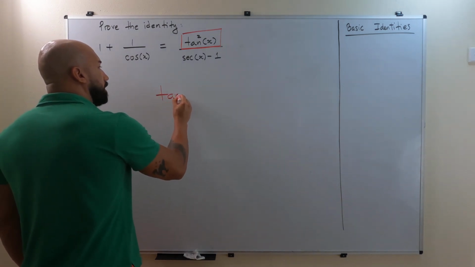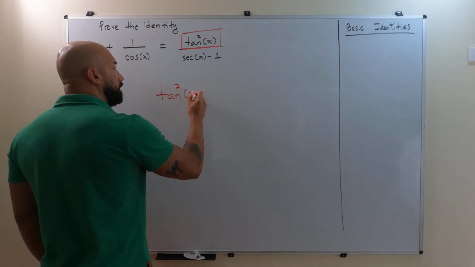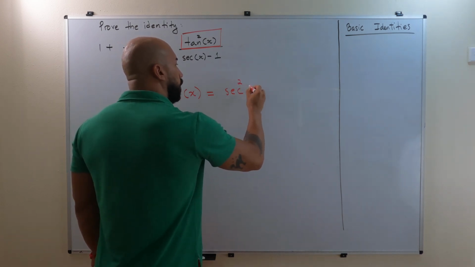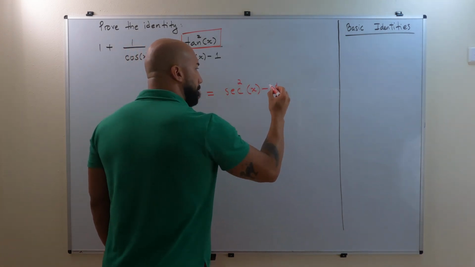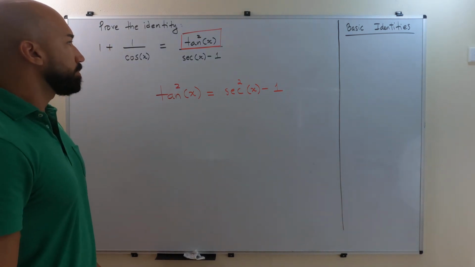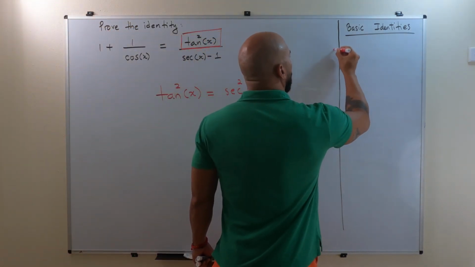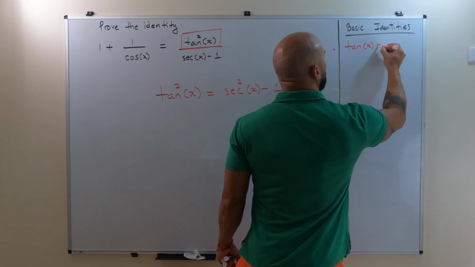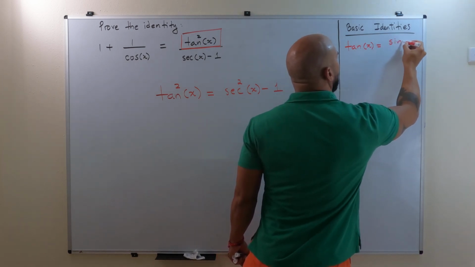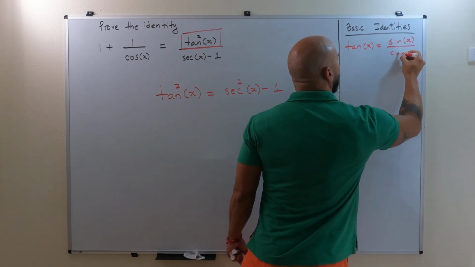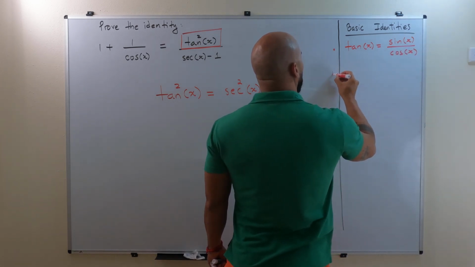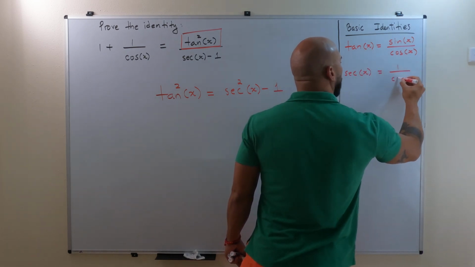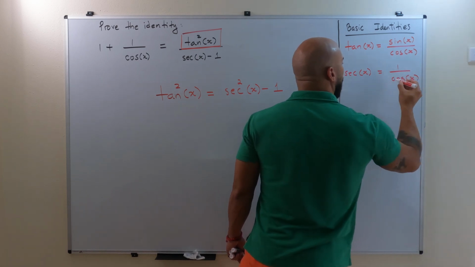So I know that tangent square of x is the same as secant square of x minus 1. Alright? So I know that tangent of x is equal to sine of x over cosine of x, and I know that secant of x is equal to 1 over cosine of x.